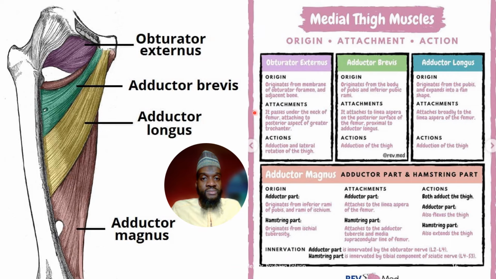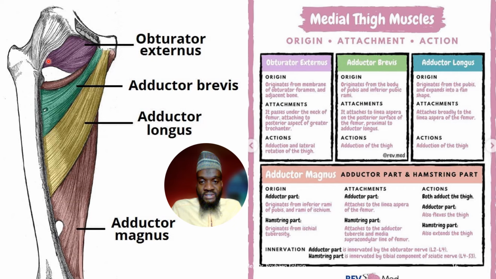Next, the medial compartment of the thigh. So here you would appreciate the obturator externus muscle, which originates from the membrane of the obturator foramen and the adjacent bone, and then it goes to insert after passing underneath the neck of the femur, as you can see here.